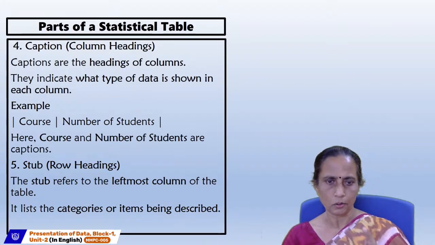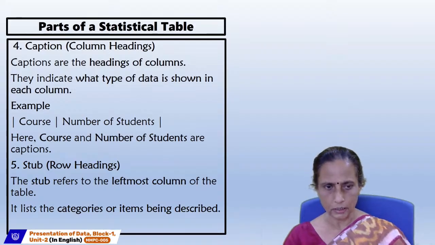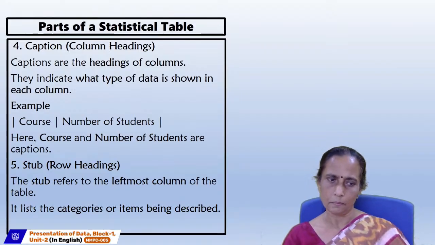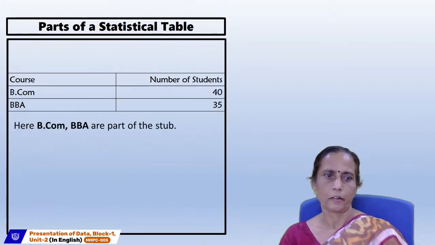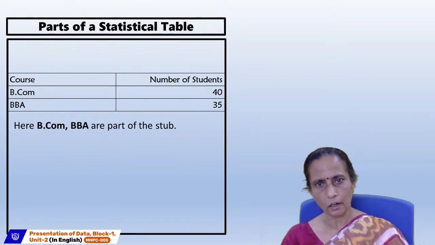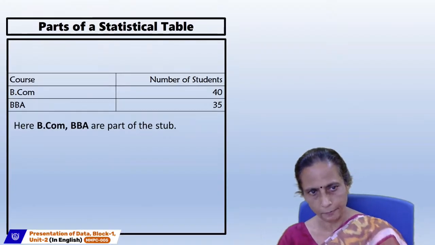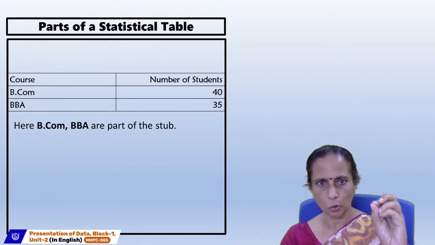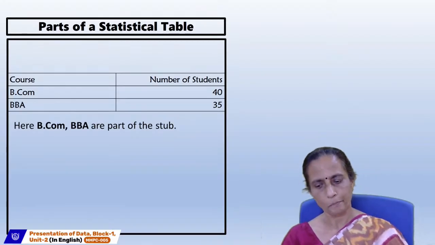The stub refers to the leftmost column of the table, and it lists the categories or items being described. Here BCom and BBA are part of the stub, BCom 40, BBA 35 is one row, and course and number of students are column captions.